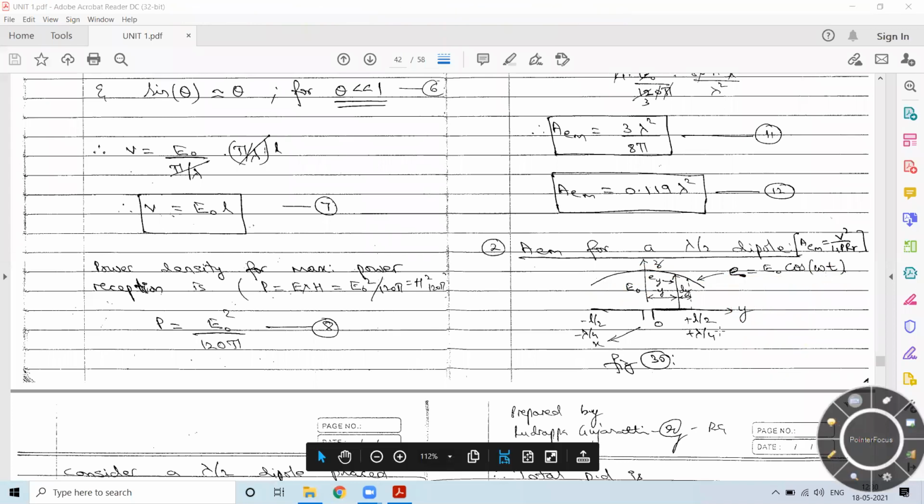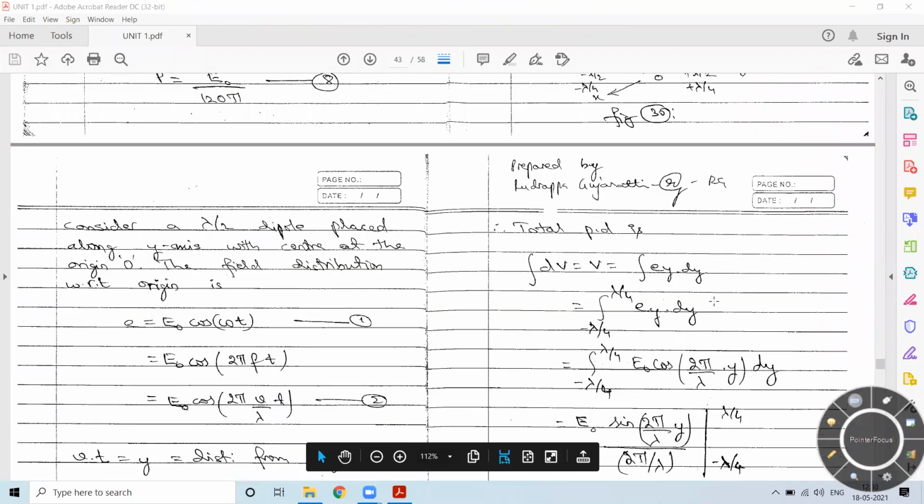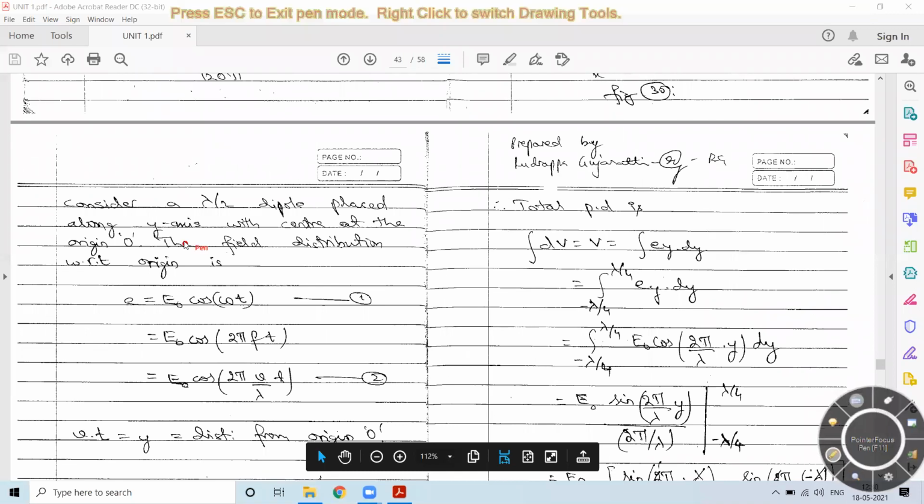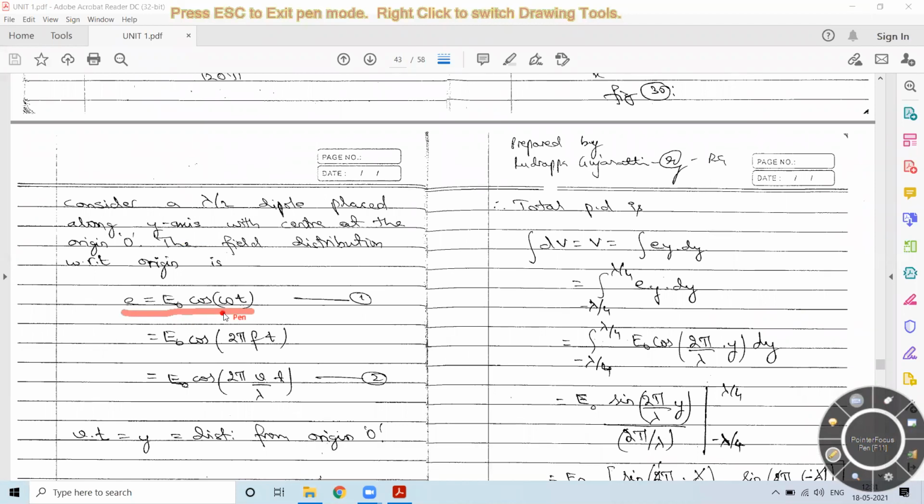In order to do that, I substitute omega. As considered, the electric field distribution is given by the sinusoidal E naught into cos omega t. Omega is 2 pi f, and t is remaining.